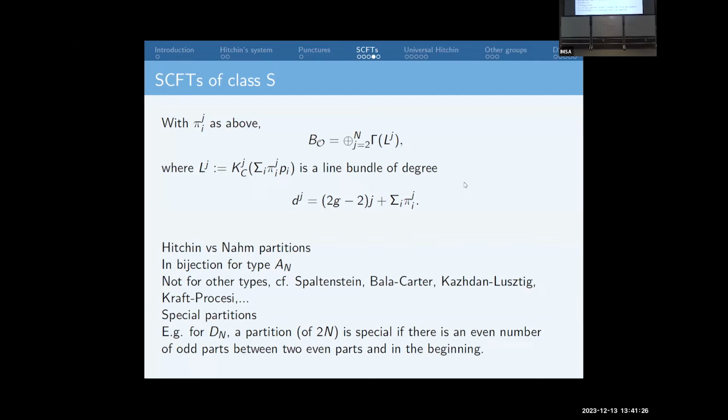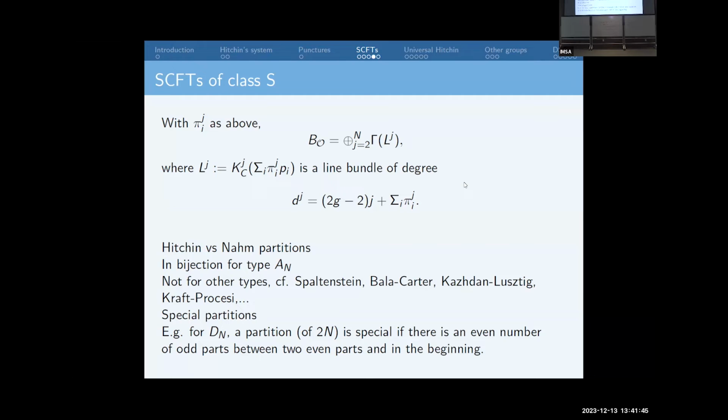And then they apply it to the Hitchin partition. So a special partition is one that isn't the image. And for special partitions, you do get a bijection, but they're only from a subset of all partitions.